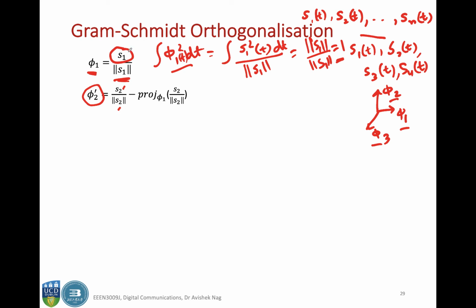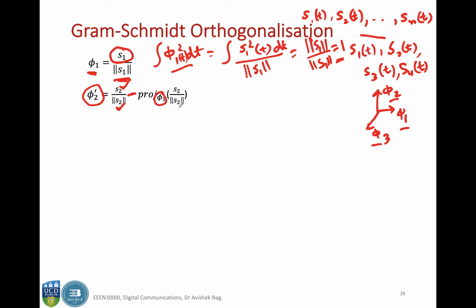Since you know S1, you know S1's norm, and you quickly initialize phi1 as S1 divided by the norm of S1. And then for phi2, you first define phi2 prime, which is S2 divided by the norm of S2 minus the projection of S2 divided by the norm of S2 on phi1.